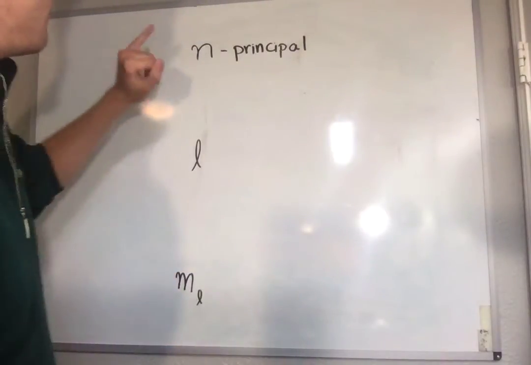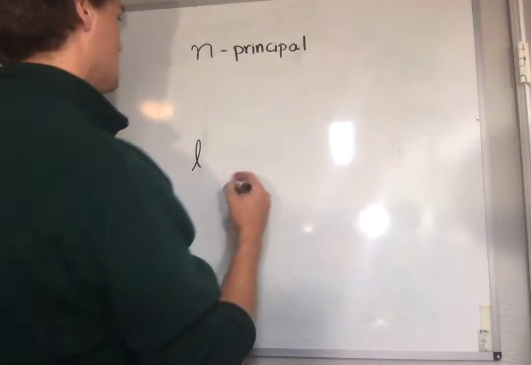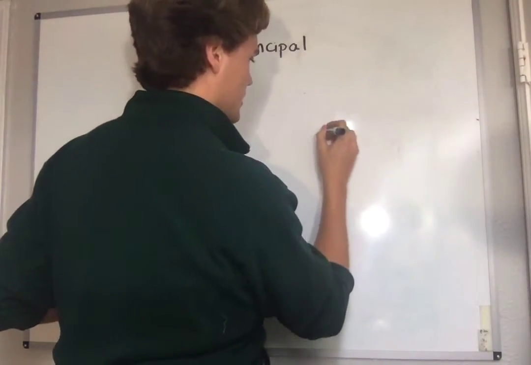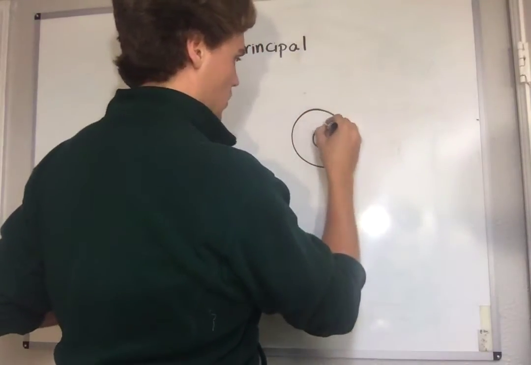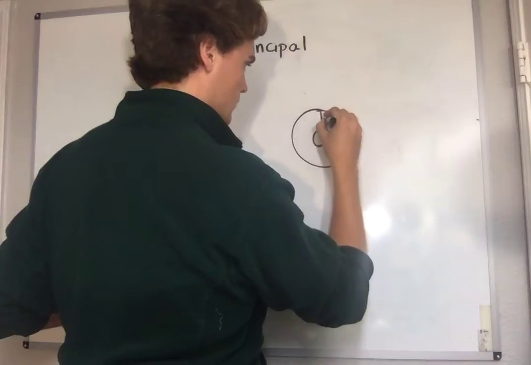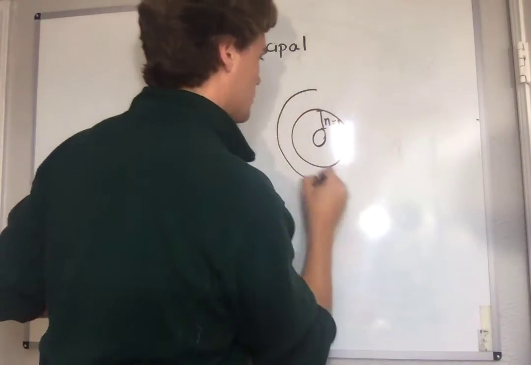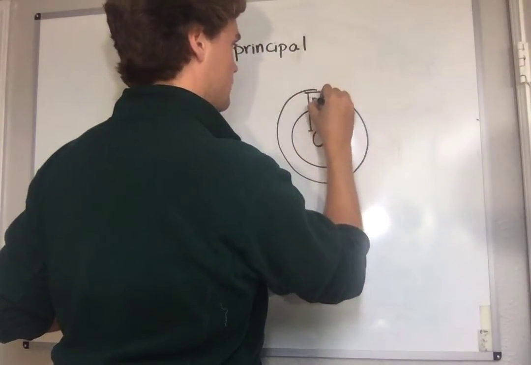But Bohr came up with n, and Schrodinger just borrowed it because it's quite useful. So what n does is it describes the size of orbitals. Let's say we had a nucleus here. This would be like n equals 1. And this would be like n equals 2.